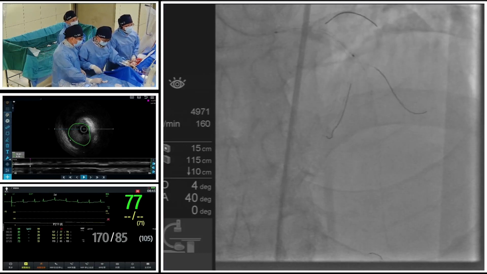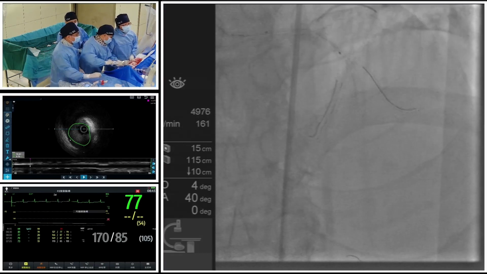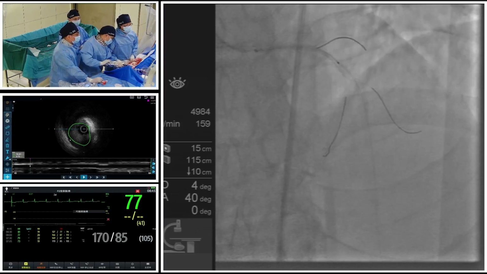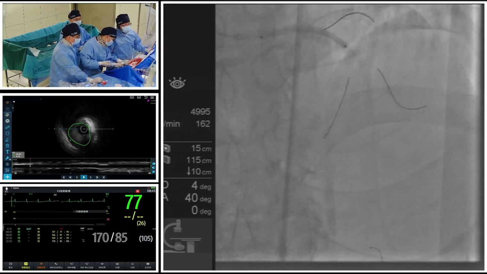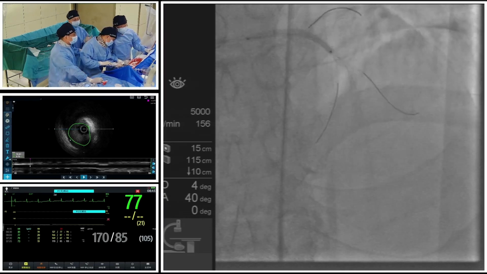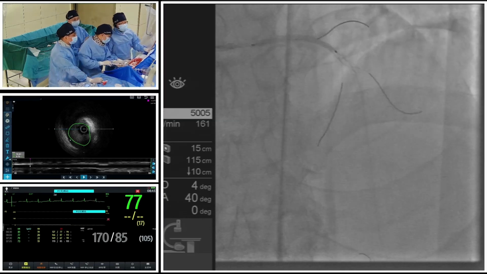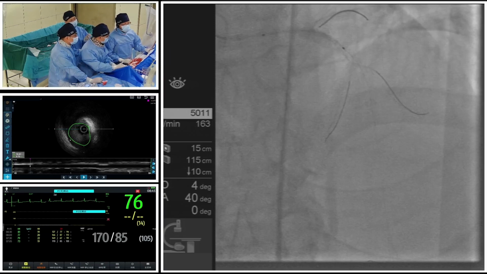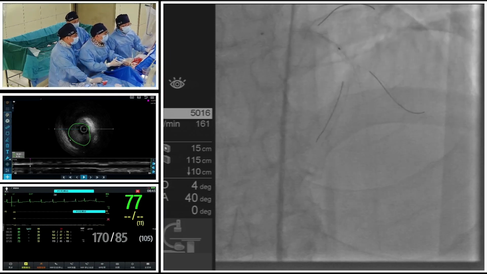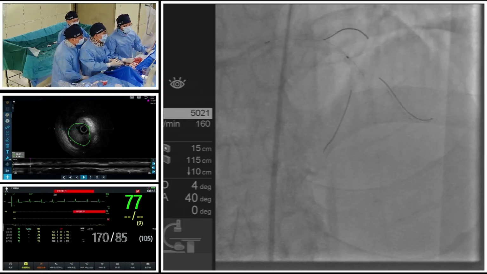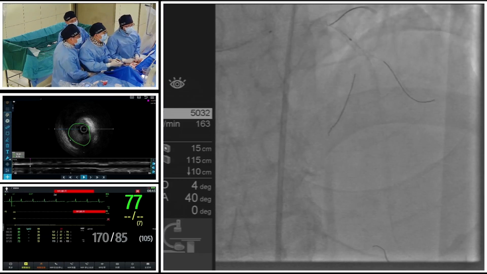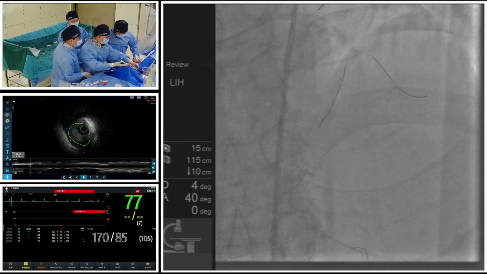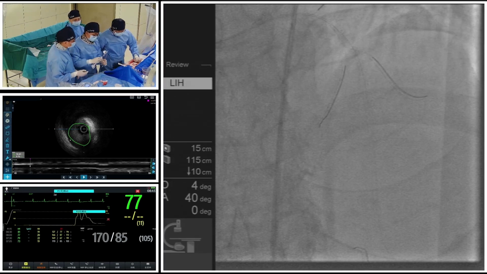You can see we didn't use the balloon, the cutting balloon, or the NSE balloon first, because we want to try our best to avoid any potential dissections and hematomas. Because this is a multiple bifurcation case, we need to use relatively more time and energy to treat the distal LAD and the septal bifurcation site.